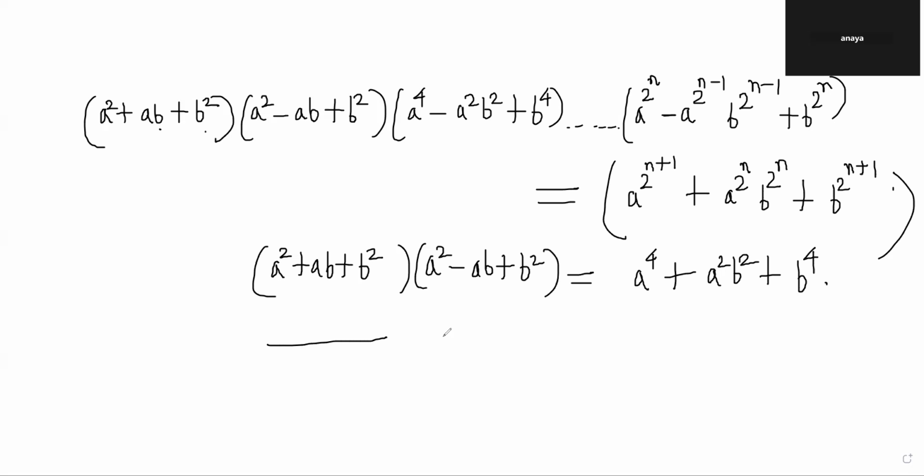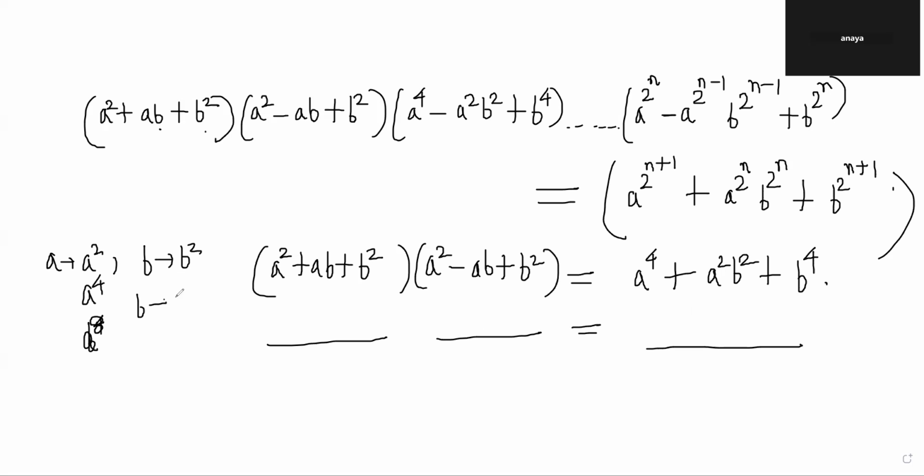You write another identity here. Do you understand what I'm saying? Keep replacing a with a square, a^4, a^8, and b with b square, b^4, b^8, and so on. And you keep getting sequences of identities like this.